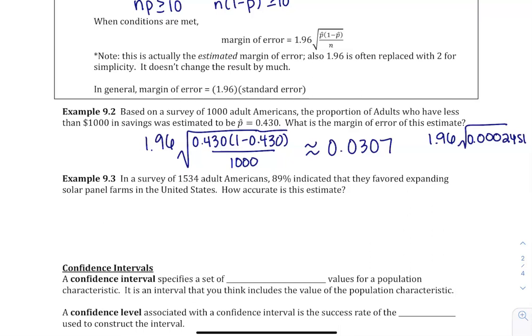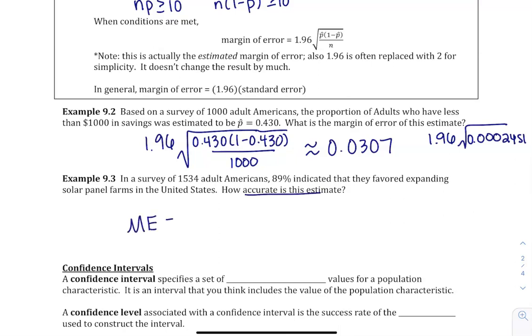Now in example 9.3, we have another survey of 1,534 adults. We found that 89% indicated that they favored expanding solar panel farms in the United States. So how accurate is that estimate? Well, we can answer an accuracy question by finding the margin of error.